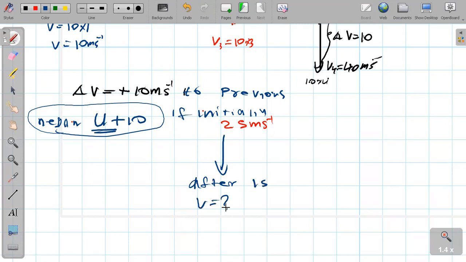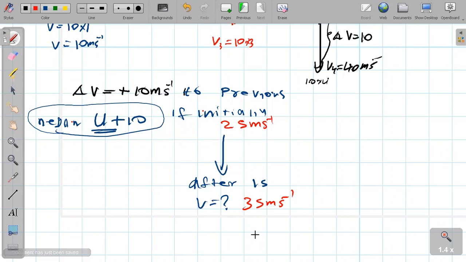Don't make any calculation. Just tell me what the speed will be now. General sense, yes. It's going to be some 35 meters per second. Got the point?